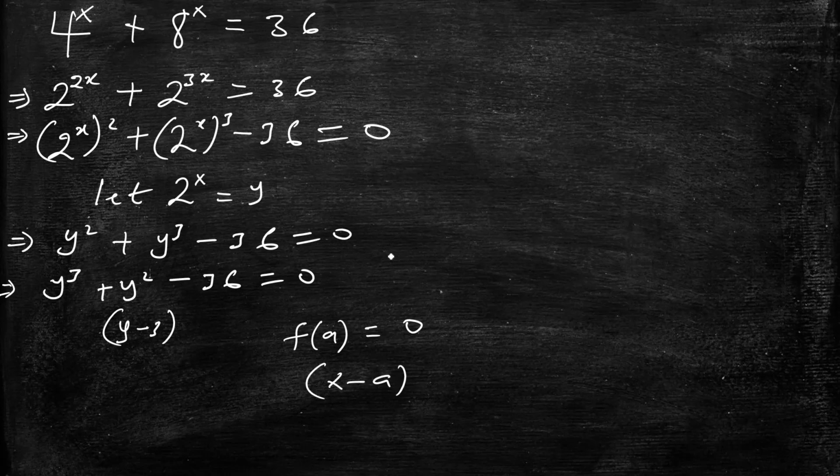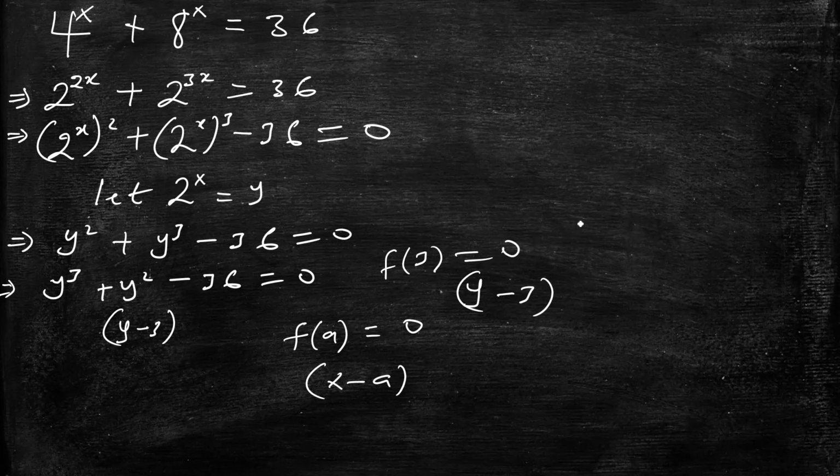So if f of 3 makes this go to 0, and we are using y, it means y minus 3 is a factor of this.